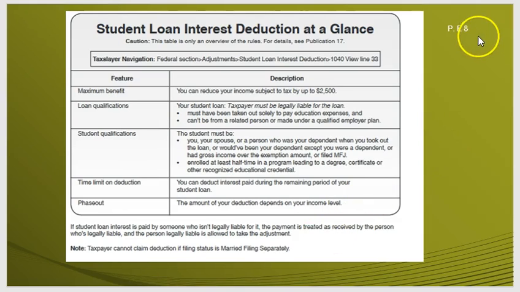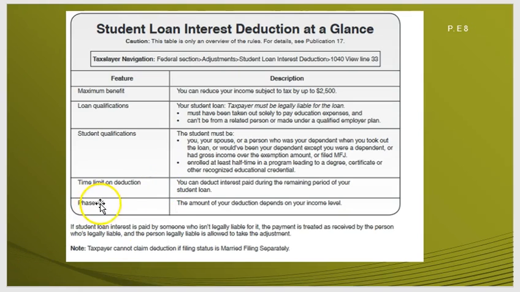Covered in greater detail on tab E8, the student loan interest deduction has been around a long time. The maximum benefit of this deduction is up to $2,500. Now, there are loan qualifications and student qualifications associated with this, and then a time limit for the deduction.